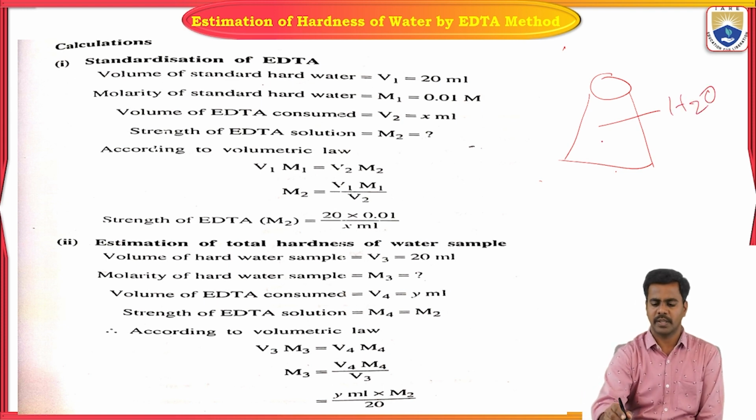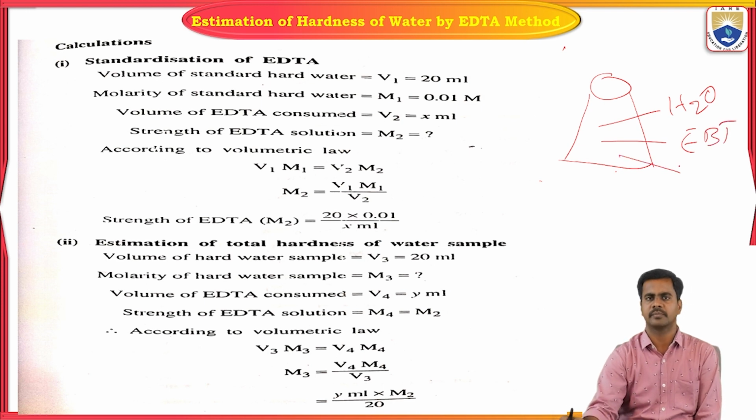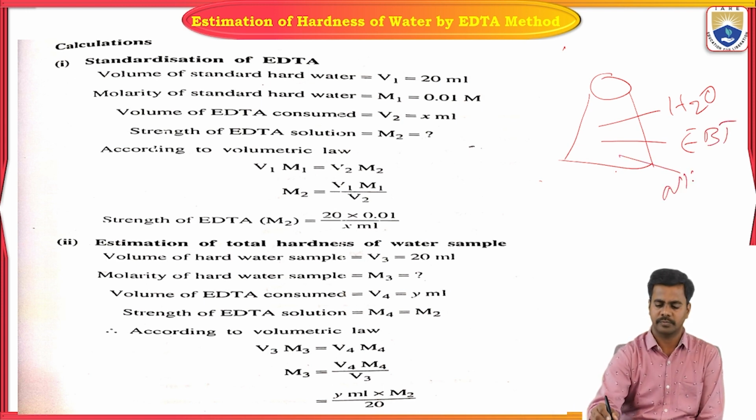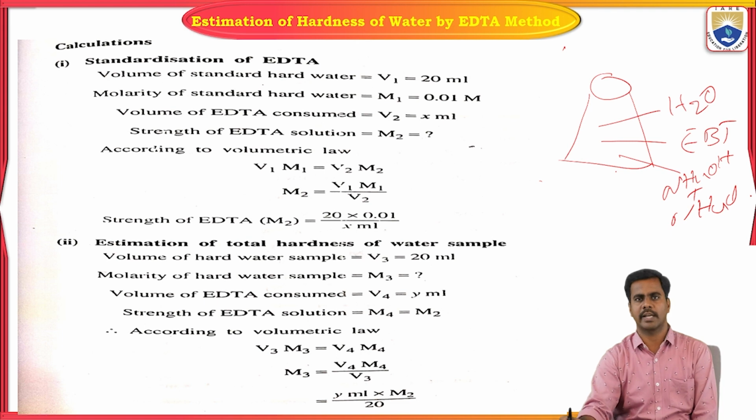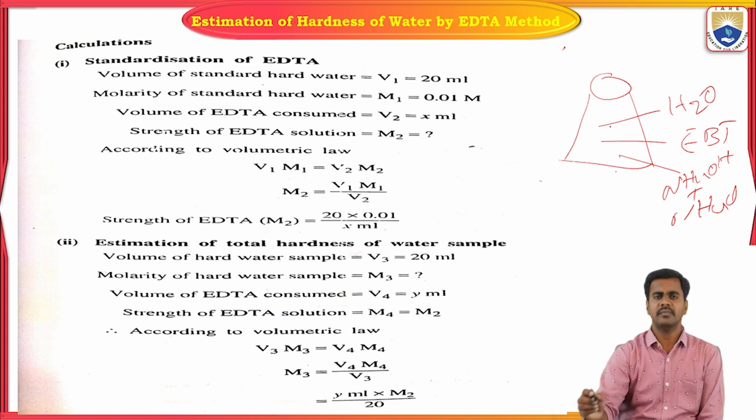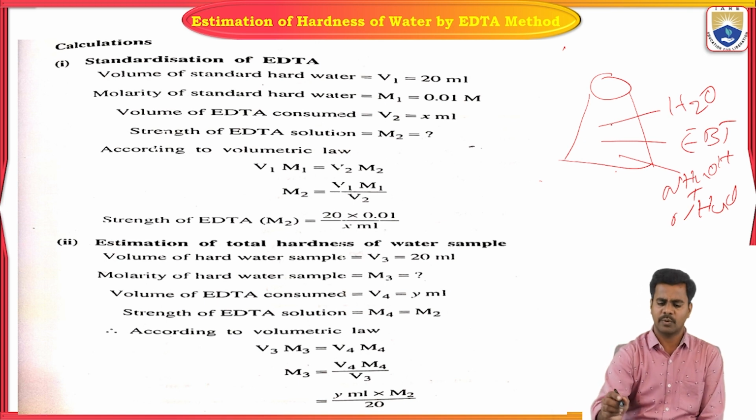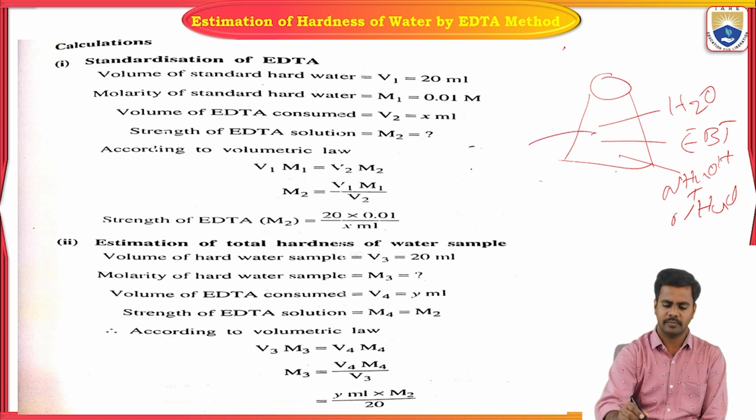To that add EBT indicator and buffer solution. What is the buffer solution? Ammonium hydroxide and ammonium chloride. The color of the solution present in the conical flask is violet.